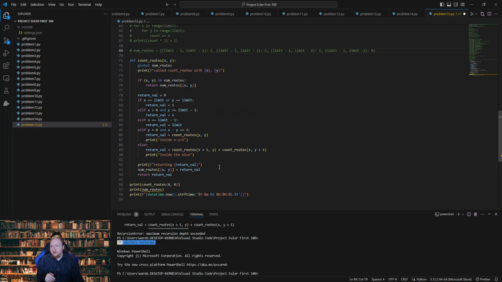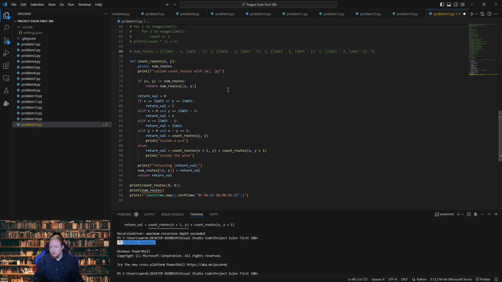I tried making a recursive function, but I think that I made my recursive function too complicated. So I am going to ignore my num roots thing, and I'm actually going to comment out this print and all of this.